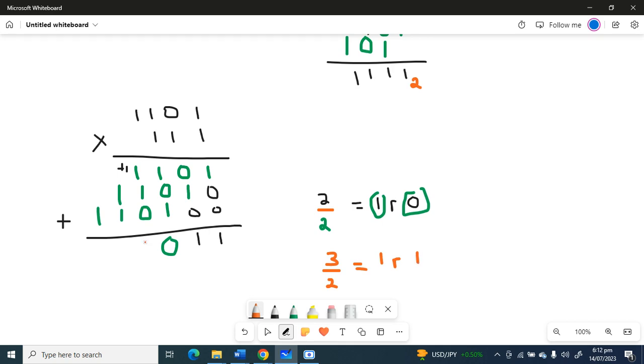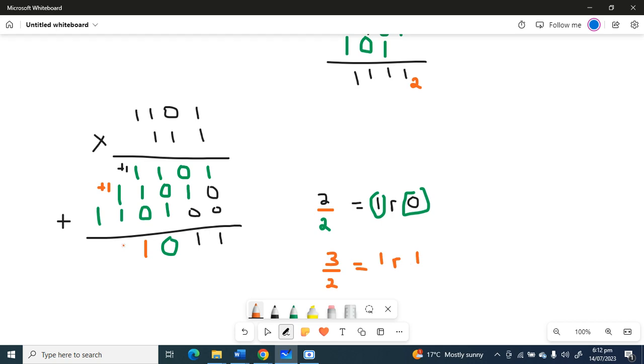So we put the remainder here, 1, and then we're going to carry this 1 here. So we'll say add another plus 1 here. And we say 1 plus 1 plus 1, that's another 3. So same thing. Since we've got a 3 here, 3 divided by 2, it's 1 remainder 1.